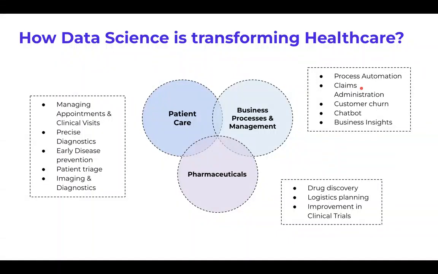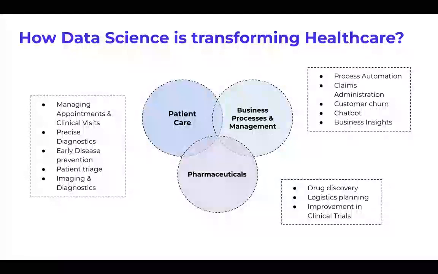Claims administration mainly involves predicting the cost or the burden of patients, or the high risk patients, from the past claims history, medical claims history. So that is very important for the industry of healthcare claims.